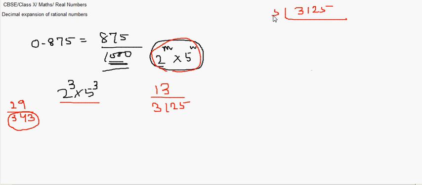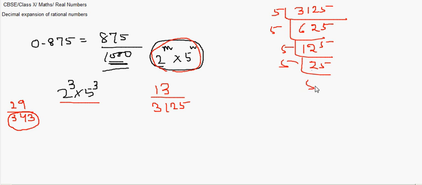I take a 5, so 625, then 125, 25, 5. So it can be written as 13 by 2 to the power 0, that is 1, into 5 to the power 5. So that clearly makes it in the format of 2 to the power m and 5 to the power n. So it has a terminating decimal expansion.